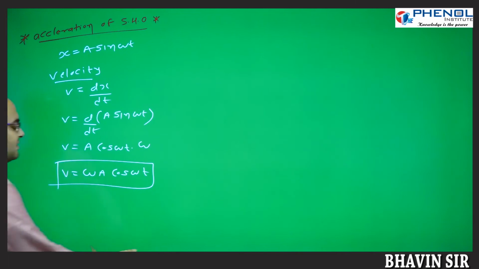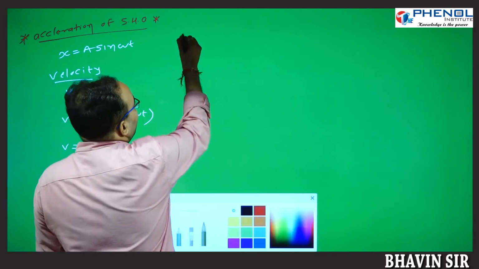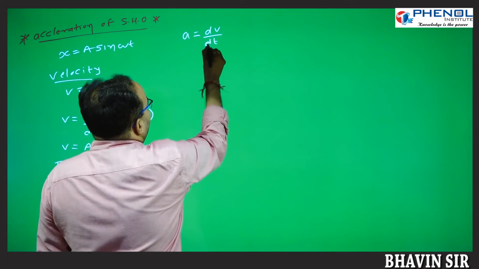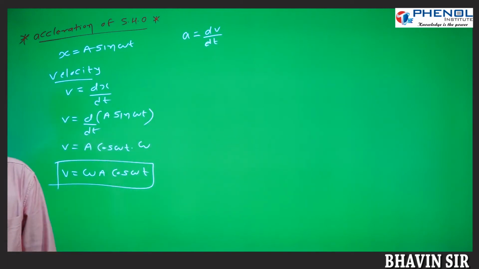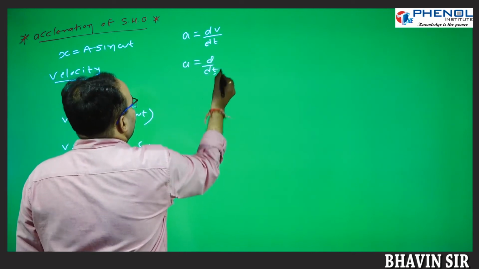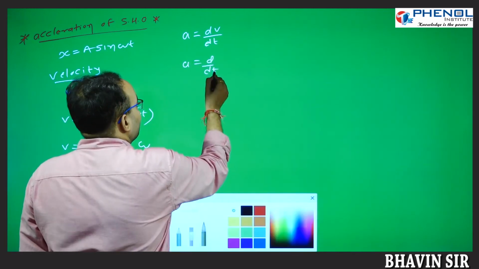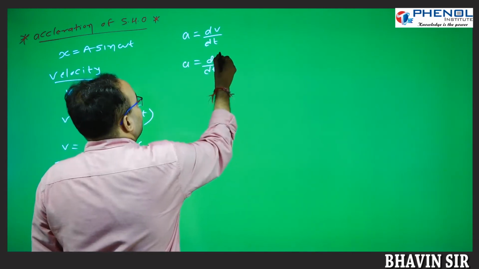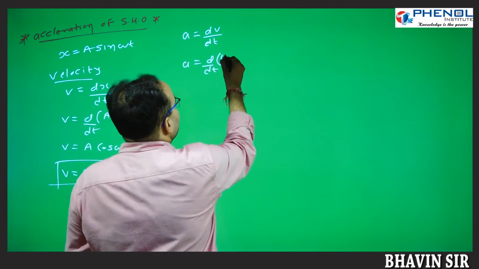Done. Now find acceleration. Acceleration is equal to dv by dt. So what is velocity, students?